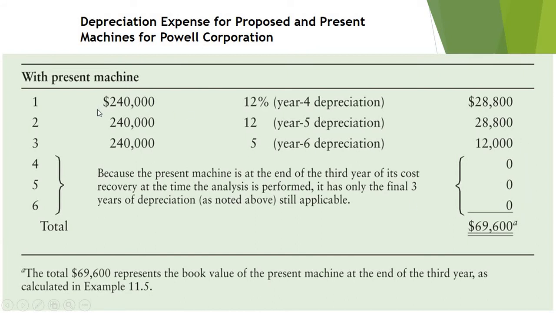The installed cost of the present machine, or old machine, is $240,000. Based on the installed cost and depreciation for the final 3 years, these are the depreciations of the present machine.